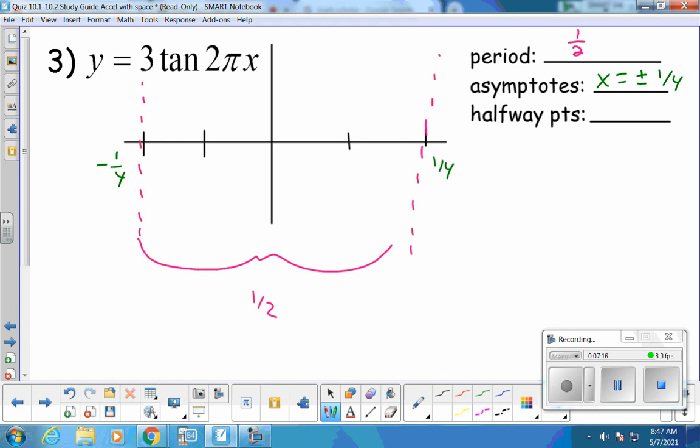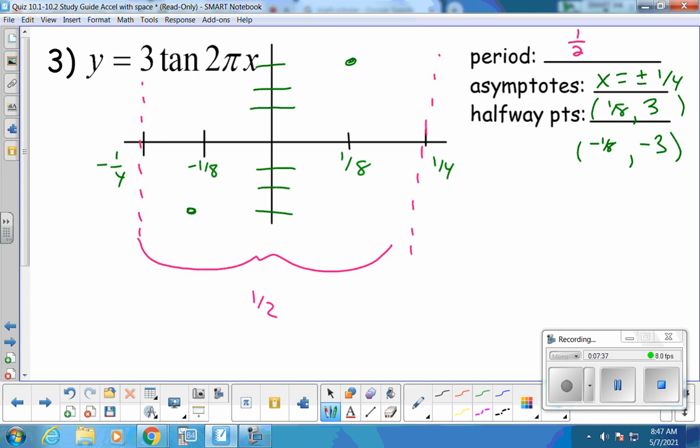Cut that 1/4 in half, and that will be the first half of the coordinate of the halfway points. What's 1/4 cut in half? 1/8. So we've got 1/8 comma a and negative 1/8 comma negative a. So I'll go up to 3, down to negative 3 for my halfway points.